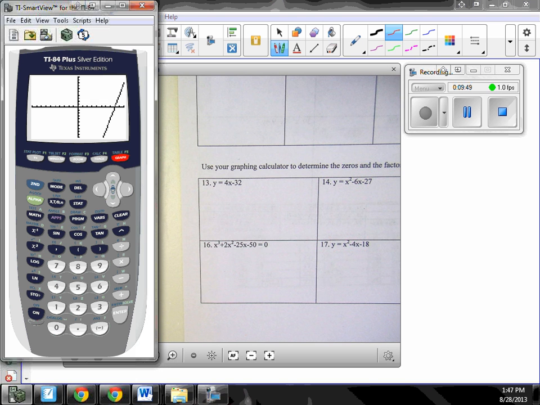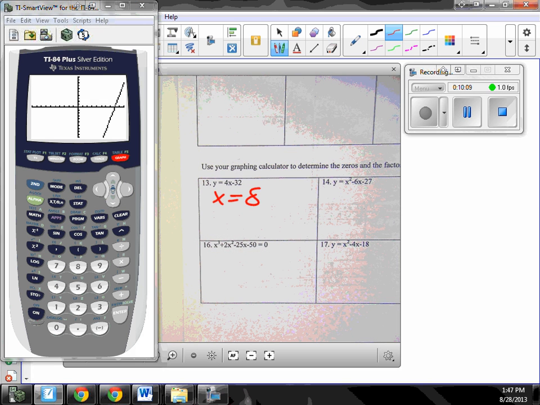And the roots are where the graph crosses the x-axis. Where does this graph cross the x-axis? At 8. So the answer is x equals 8. That is the root. What is the factor associated with that root?